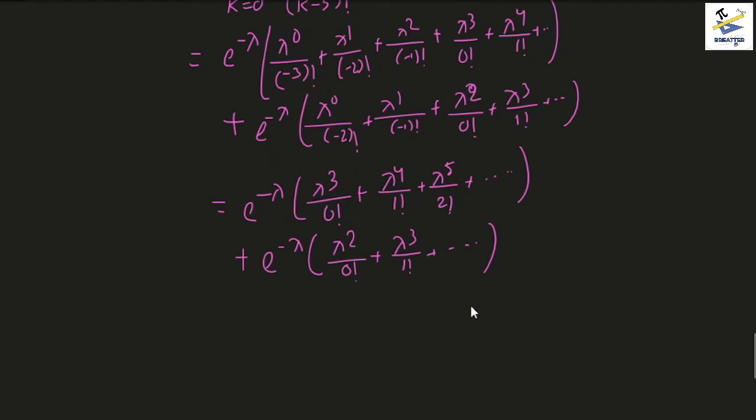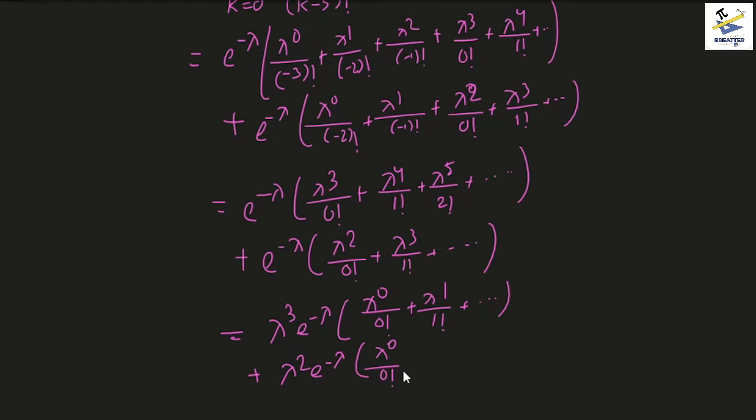If we take lambda cube common in the first one, what we get is this: lambda cube e to the power minus lambda into lambda to the power 0 by 0 factorial plus lambda to the power 1 by 1 factorial, and so on. And if we take lambda square common in the next one, we get lambda to the power 0 by 0 factorial plus lambda to the power 1 by 1 factorial, and so on.